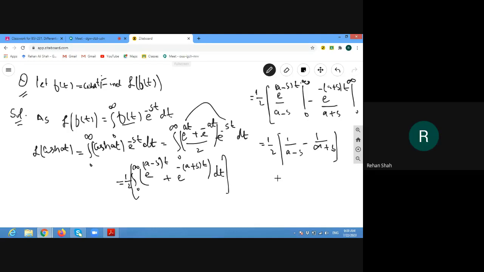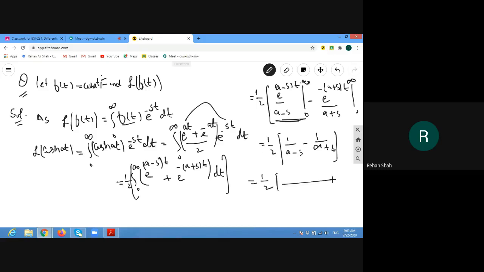By taking a minus s less than 0, you will get 1 over a minus s from this limit. Okay? Like in the previous question. Yes, sir. Okay. So if you take LCM, you will get 1 over 2.